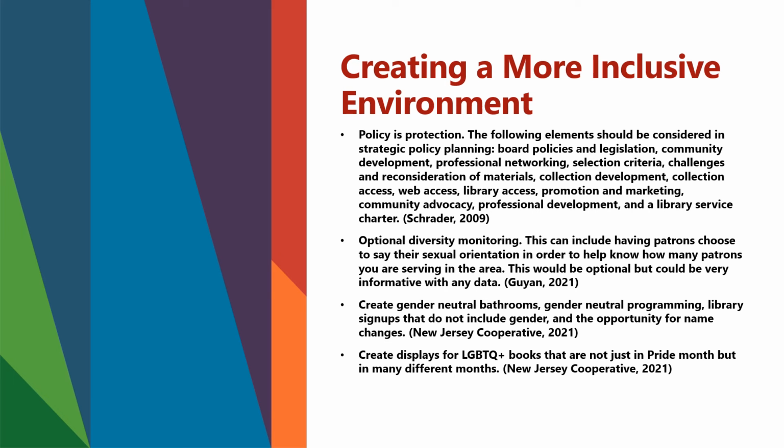Another option is optional diversity monitoring. You could have patrons say their sexual orientation, say their gender as an option for getting library cards, or just an optional survey that would give you more data to be able to go off of to see if you need more LGBTQ plus programming and materials.